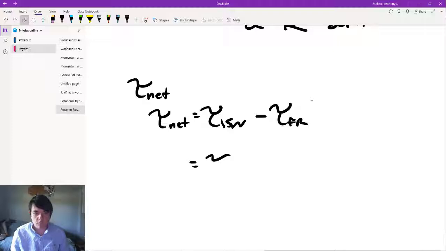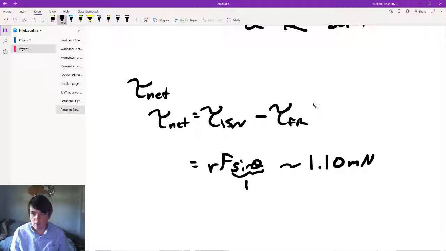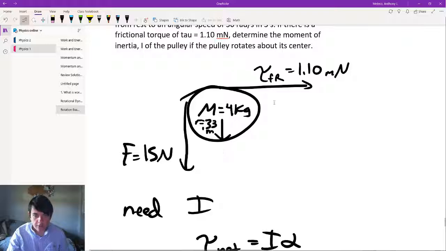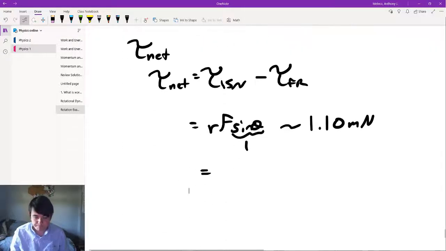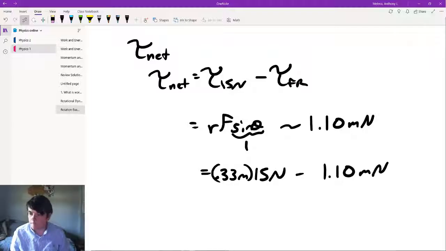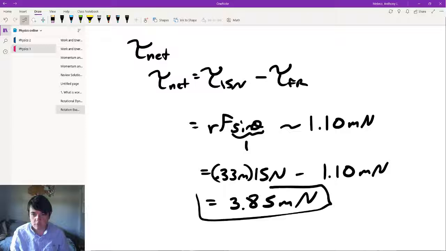The torque of the 15 newtons is r F sine theta, where sine theta is 1, and the frictional torque is 1.10 meter newtons. So r F is 15 newtons times 0.33, minus the 1.10, and I actually get 3.85 meter newtons for the net torque.